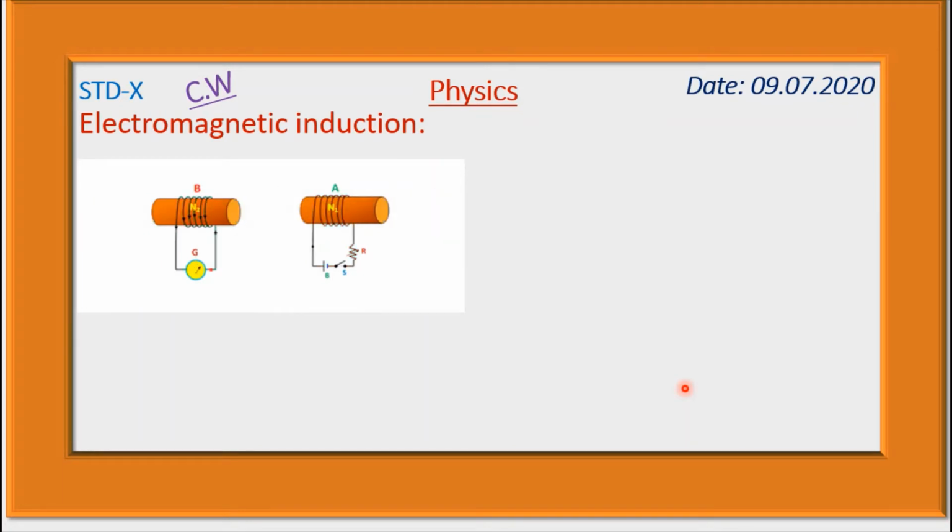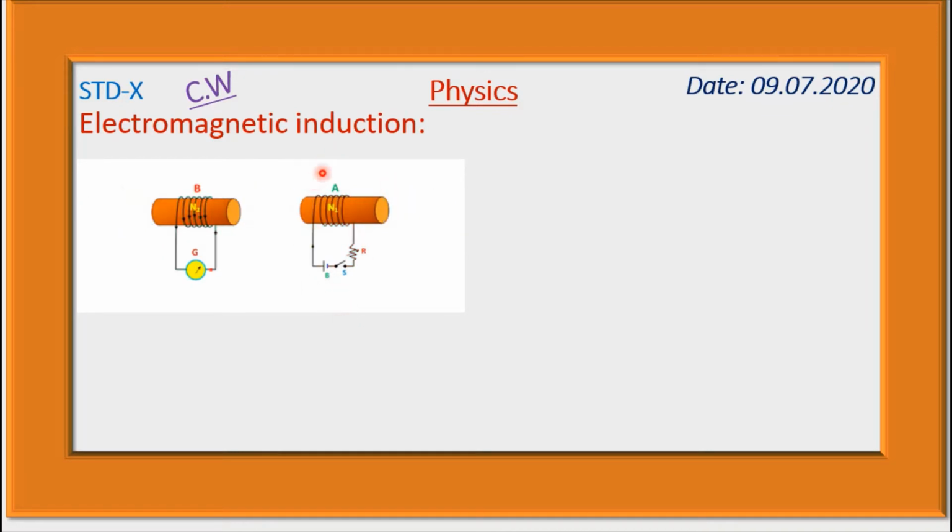Here another figure. In this figure, here is a coil and this coil is connected with the battery. When the switch is on, current flows through this coil, and we know when current flows through a coil, a magnetic field is produced around the coil.